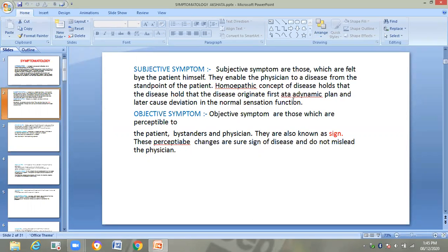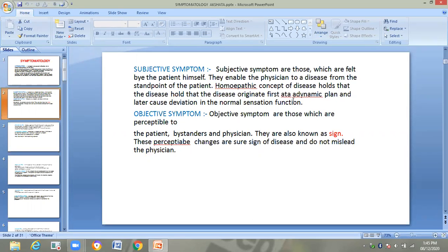Dr. Hahnemann defines objective symptoms as the expression of disease in the sensation and function of that side of the organism exposed to the senses of the physician and bystanders.